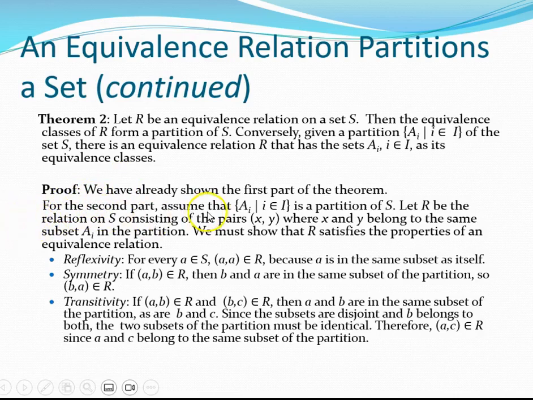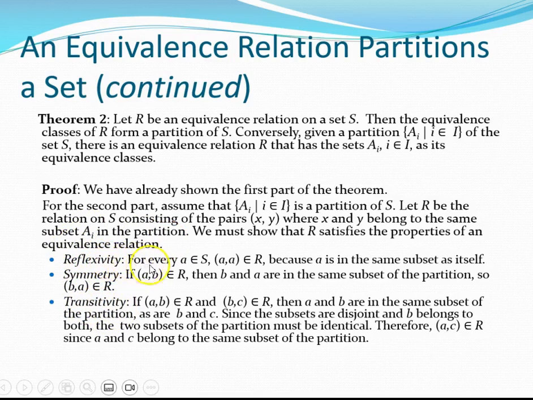For the second part, assume that A sub i, this collection of subsets, is a partition of S. Let R be the relation consisting of all pairs x, y, where x and y belong to the same subset A sub i of the partition. We must show that R satisfies the properties of an equivalence relation: reflexivity, symmetry, and transitivity.